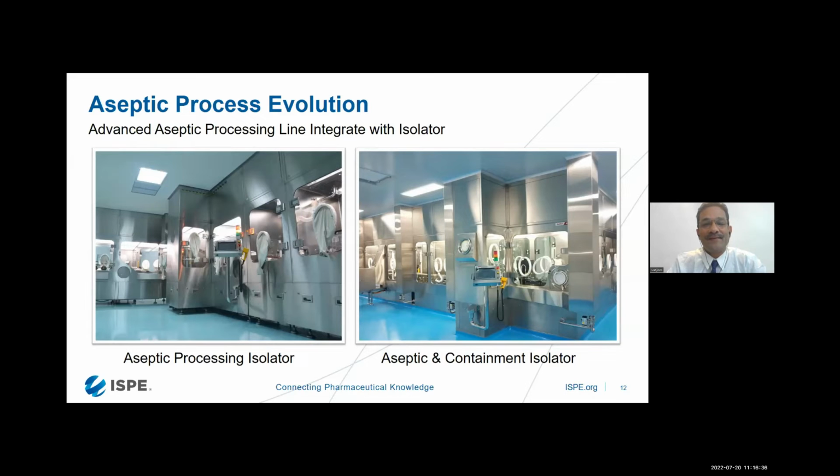Okay, now it's on. So yes, there are positive pressure isolators and negative pressure isolators. Both types of isolators exist, and they are used for the different formulations we have in isolator activities.